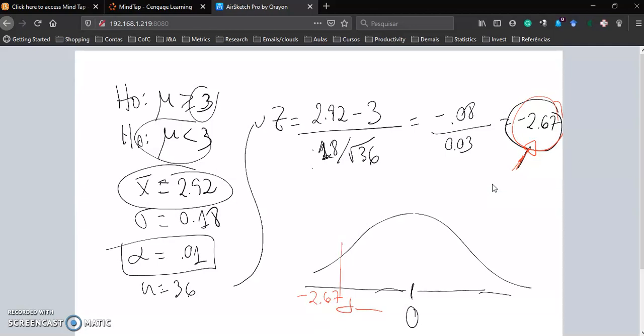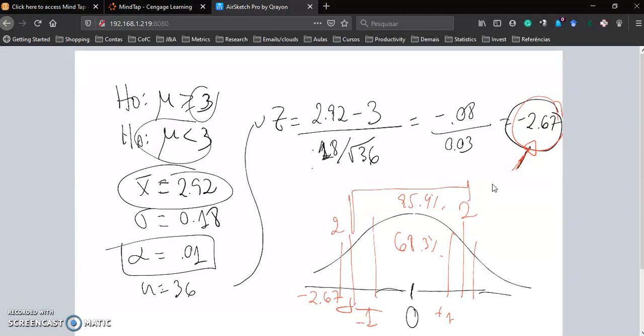In a distribution of z-scores, remember, one z-score up and below, this is negative, this is positive, I have 68.3% of all observations. Two standard deviations or 2 z-scores, I have 95.4%.